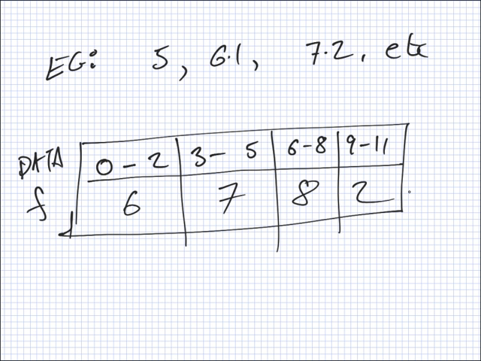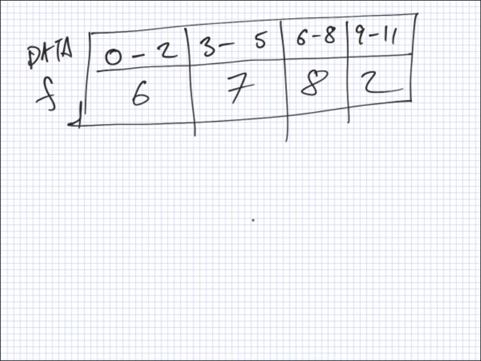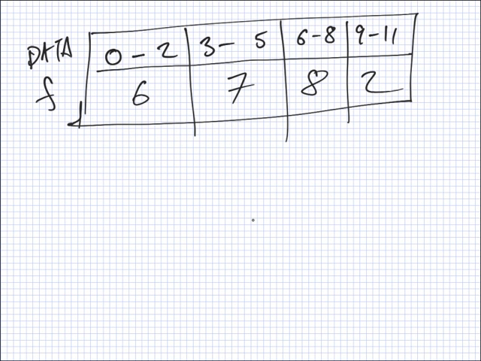Often you might find yourself in a situation where you don't have the data, but you have the summary as a grouped frequency table like this. Now this table is a little bit different because it's not precisely clear what the ends are here.